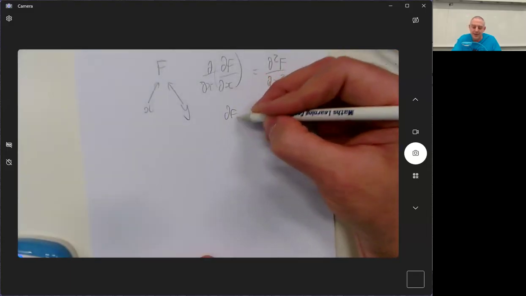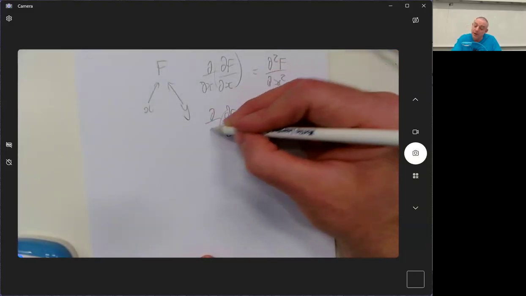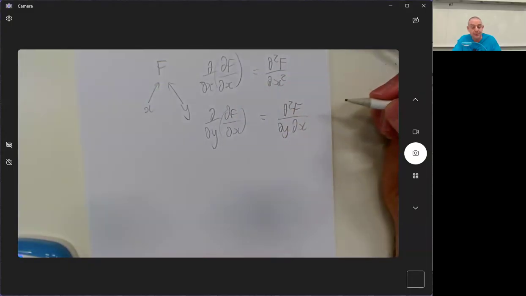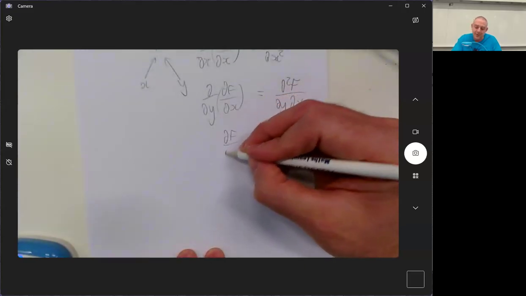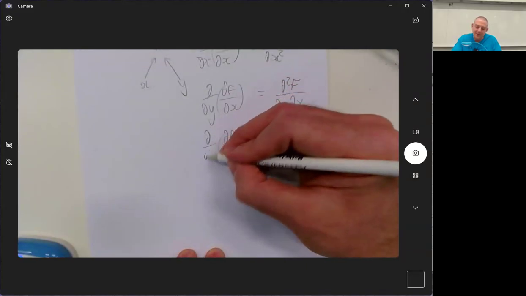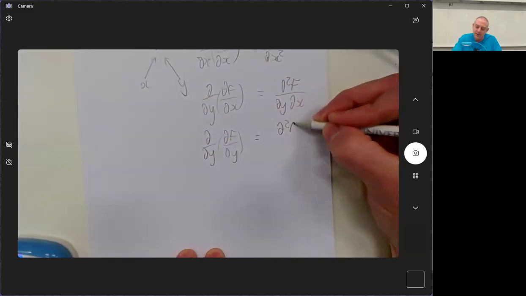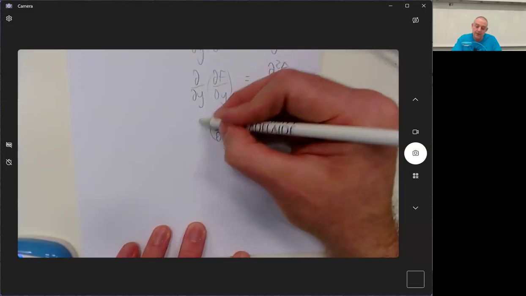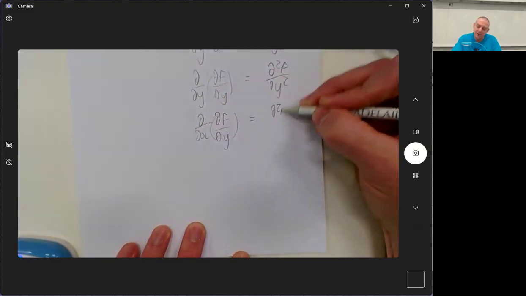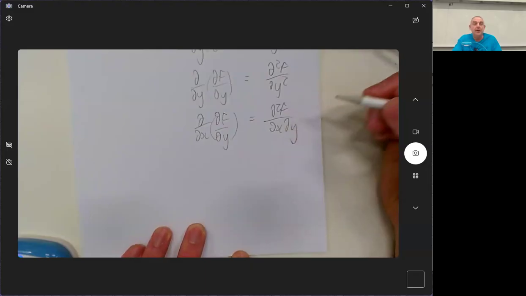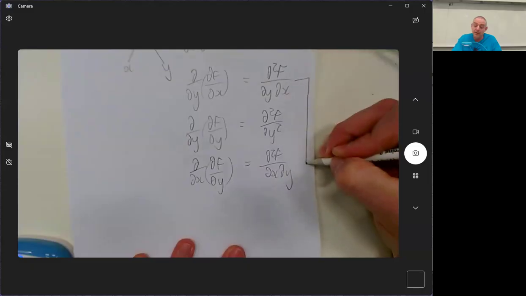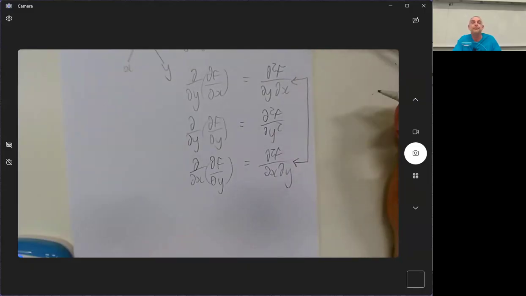And you could do df on dx and do d on dy of that. That would be d squared f on dy dx. Or you could do df on dy and do d on dy of that. That would be d squared f on dy squared. And technically, you could do df on dy and do d on dx of that and get d squared f on dx dy. Turns out that for almost all functions, you actually have to work really hard for these to be different, and it is almost always true that these are the same.